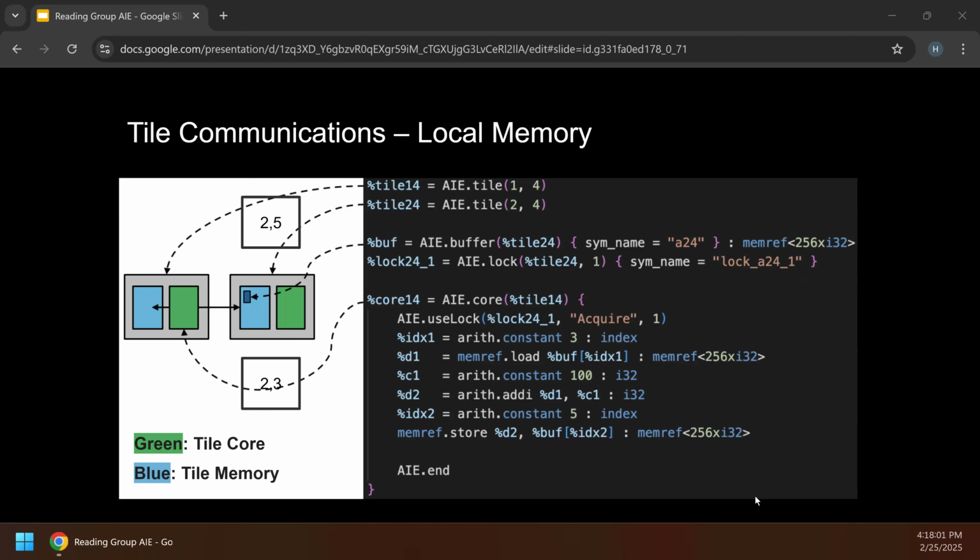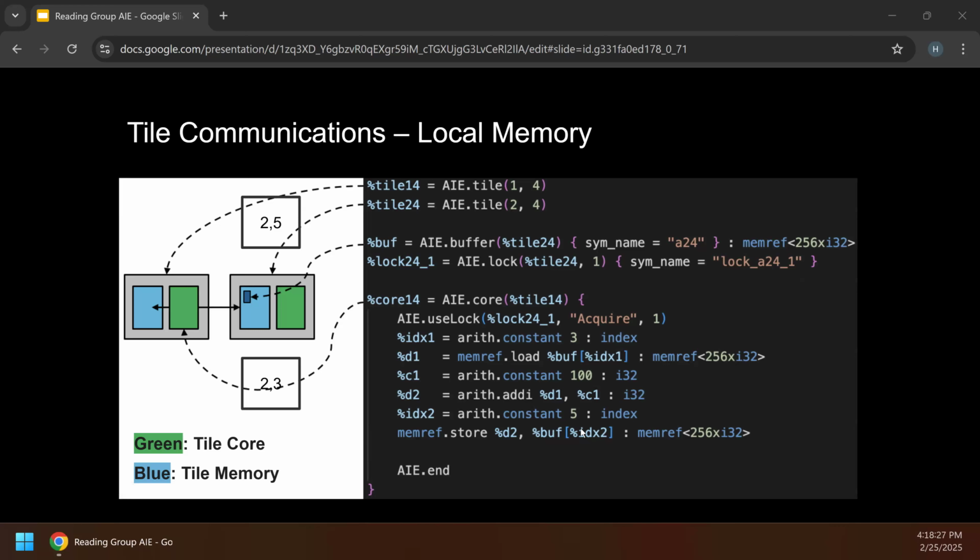So you can see here, it acquired the locks inside the tile 2.4, which basically transfers the ownership of these buffers to the other tile, and then it does the read and write operations.